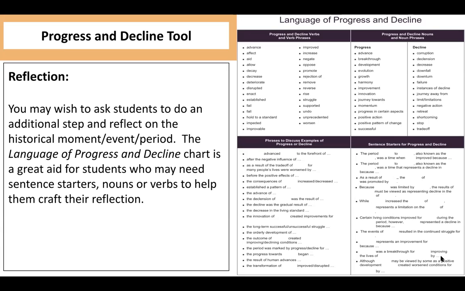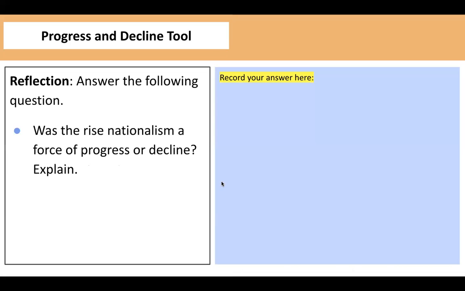You'll see some of these sentence starters and the language when I show you what my reflection could look like. So the reflection that we're going to look at is, was the rise of nationalism a force of progress or decline? If you wish, you could pause right here and look at your steps 1, 2, and 3 to answer.